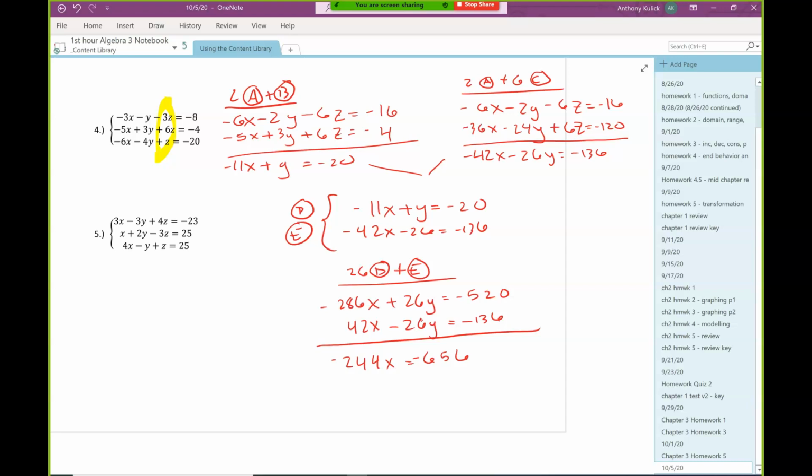Okay, so that didn't work out the way I wanted it to. I made some kind of arithmetic mistake here. Let's look for it. Does anybody see it?